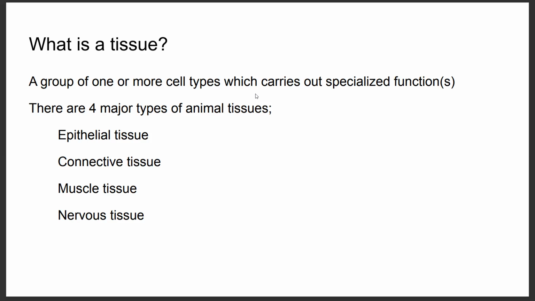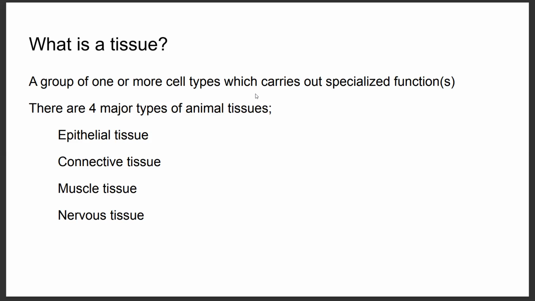It provides protection; it acts as a barrier. But if there are gaps between those cells, it can't act as a barrier, because through those gaps, pathogenic microbes and all the dust and everything can enter into our body and cause diseases.